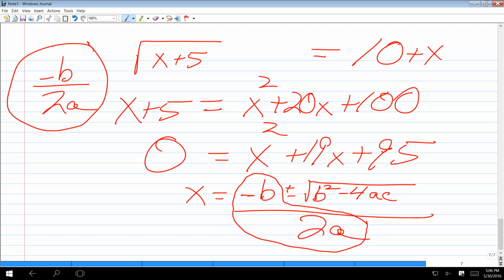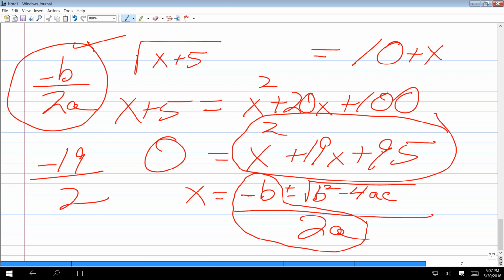Say I wanted to know where the vertex of that quadratic we got was, well, the x-coordinate is going to be minus 19 over 2. That's minus b over 2a. That only gives you the x-coordinate. In order to get the y-coordinate, you would have to plug this in for x to solve for y.